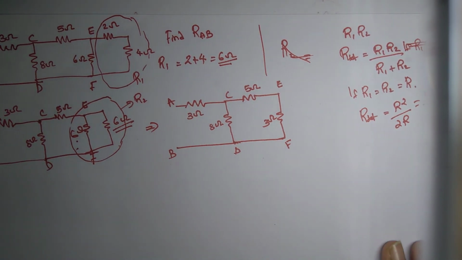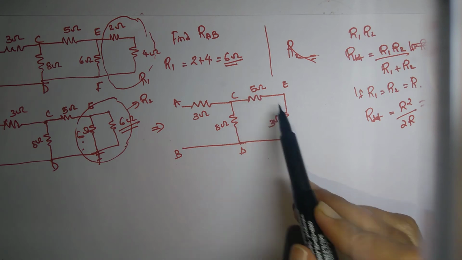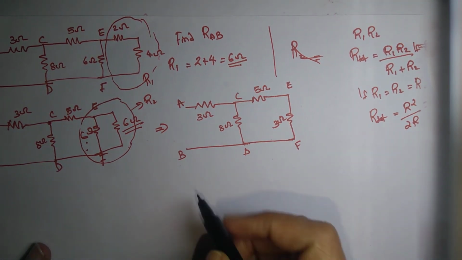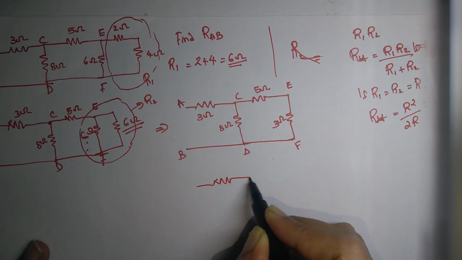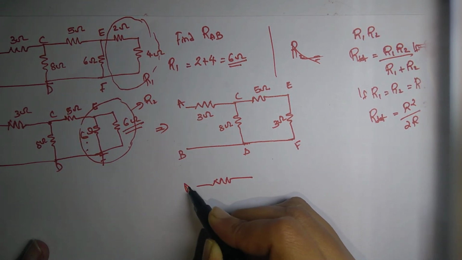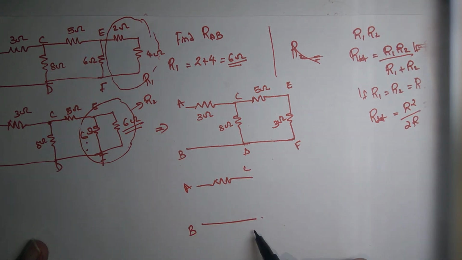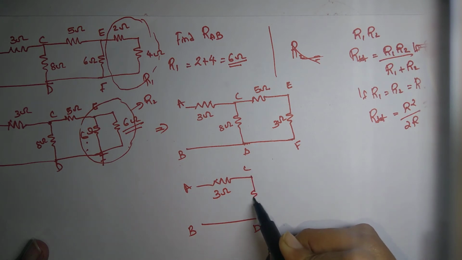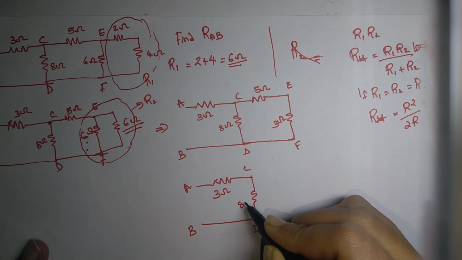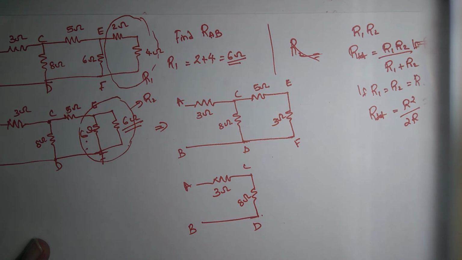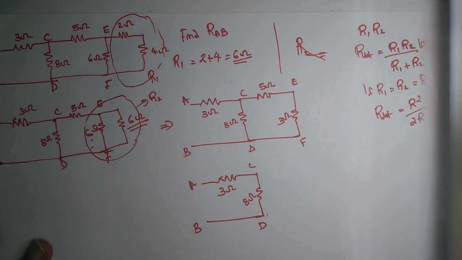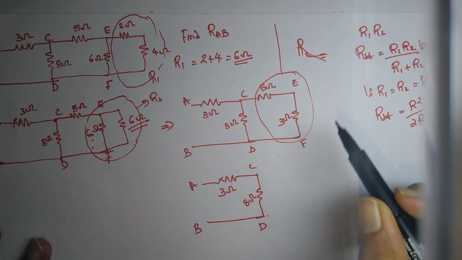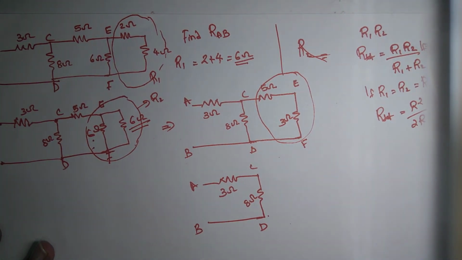Now, if we look again, we can see that this 5 ohm and this 3 ohm are in series. So again I am redrawing my circuit. Usually in the exam we have to redraw the circuit, because questions will be asked to solve the equivalent resistance, perhaps using star delta transformation, as an essay question, a 10-mark question.